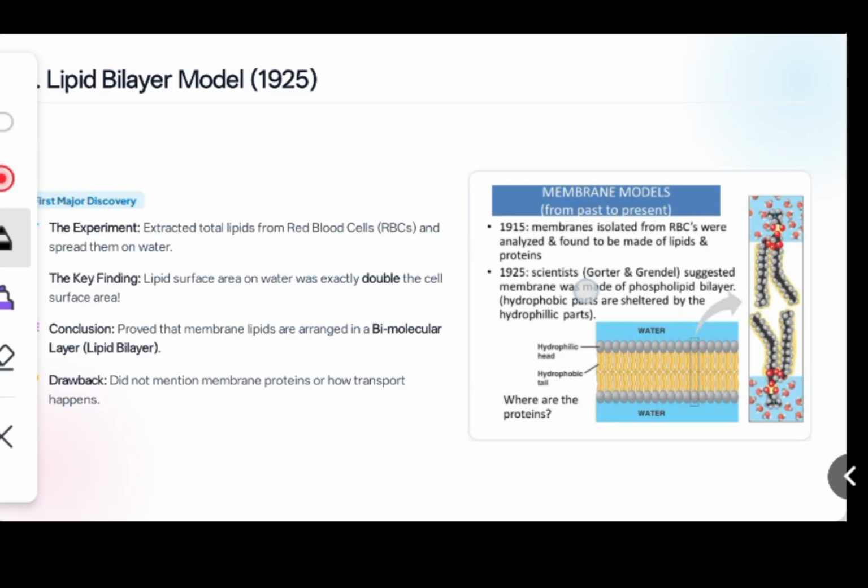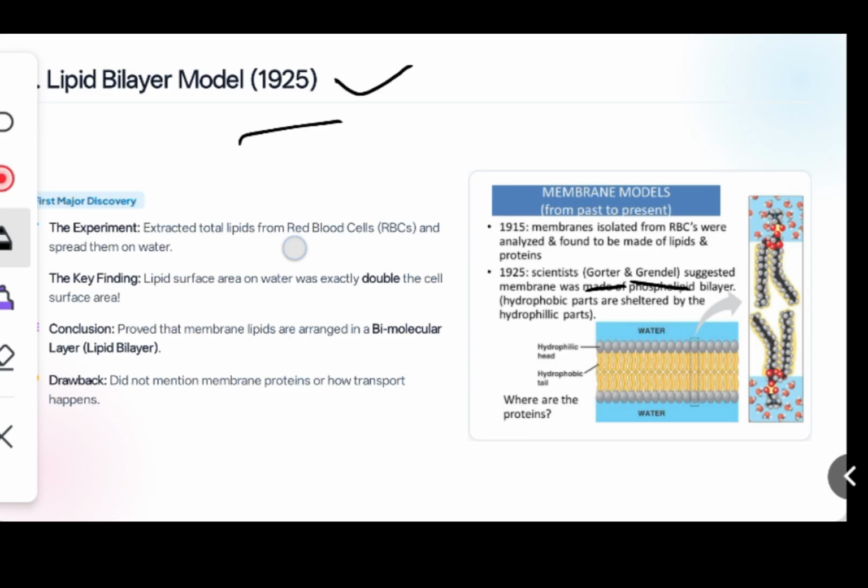It was proposed by Gorter and Grendel, so it is also known as the Gorter and Grendel model. It was proposed in 1925. Which year? 1925. Who proposed it? Gorter and Grendel.